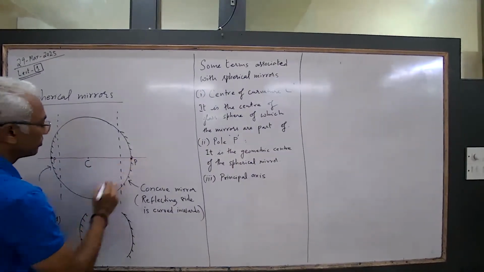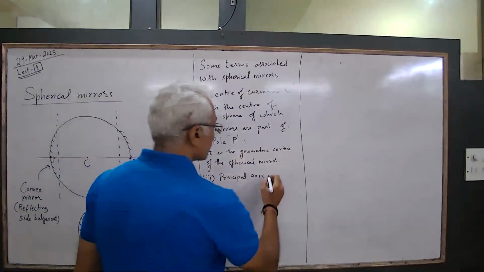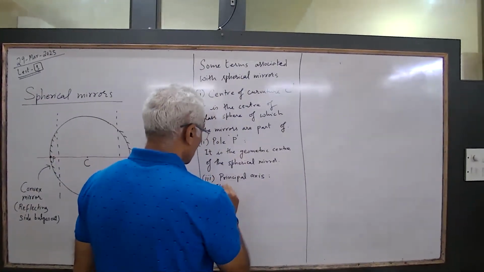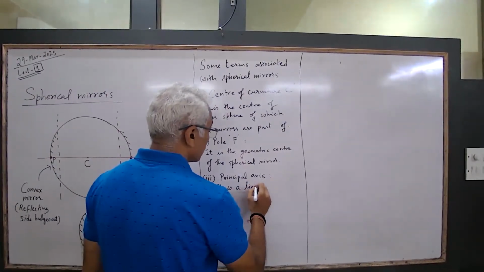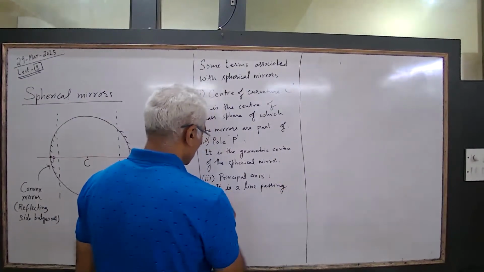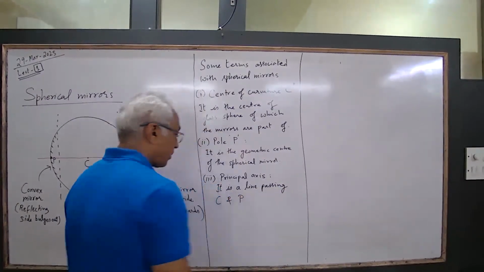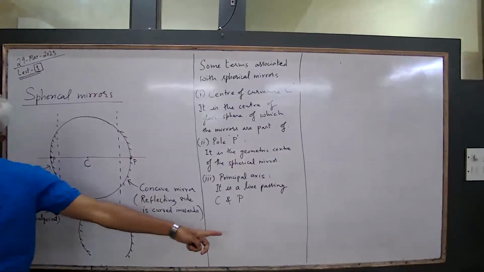It is a straight line passing through the center of curvature and the pole. So this line. It is a line passing through C and P. Whenever I say C, you have to understand it is the center of curvature. P is the pole.